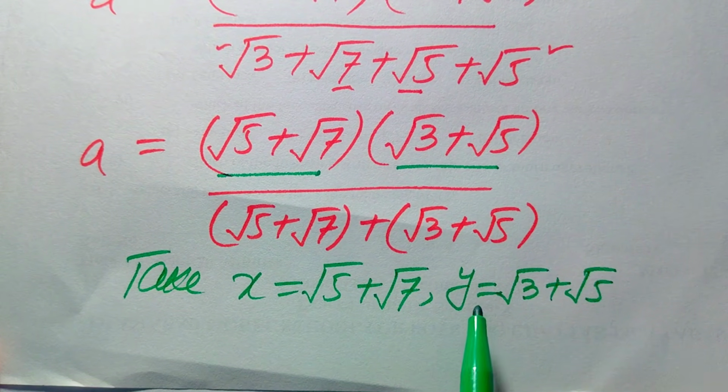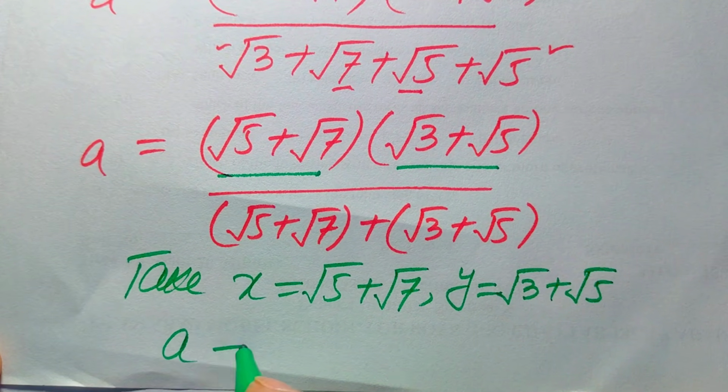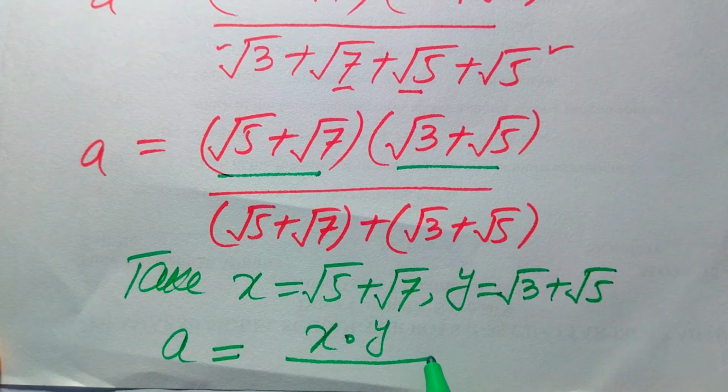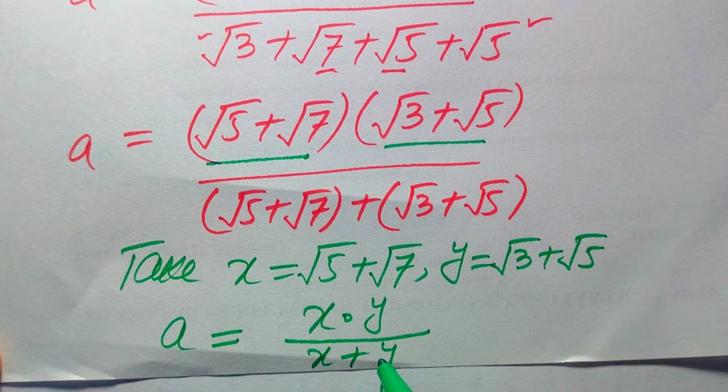When you substitute both of these values into the above expression, it becomes a equals x times y, divided by x plus y.